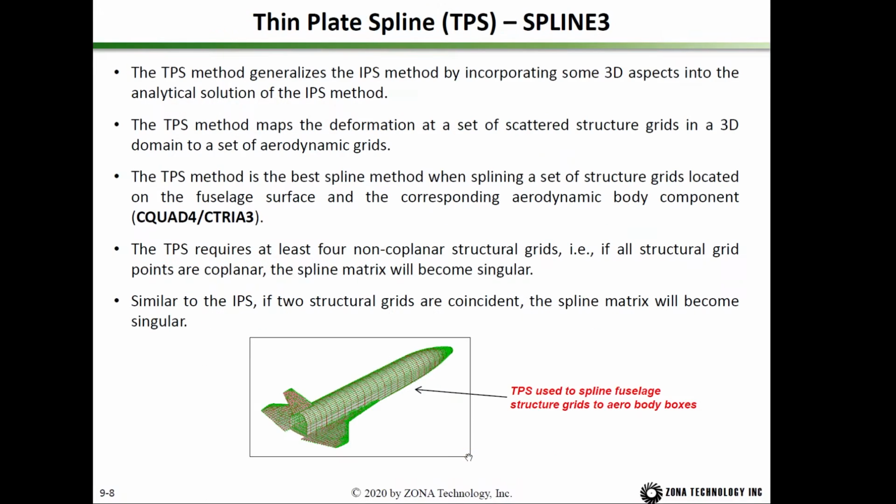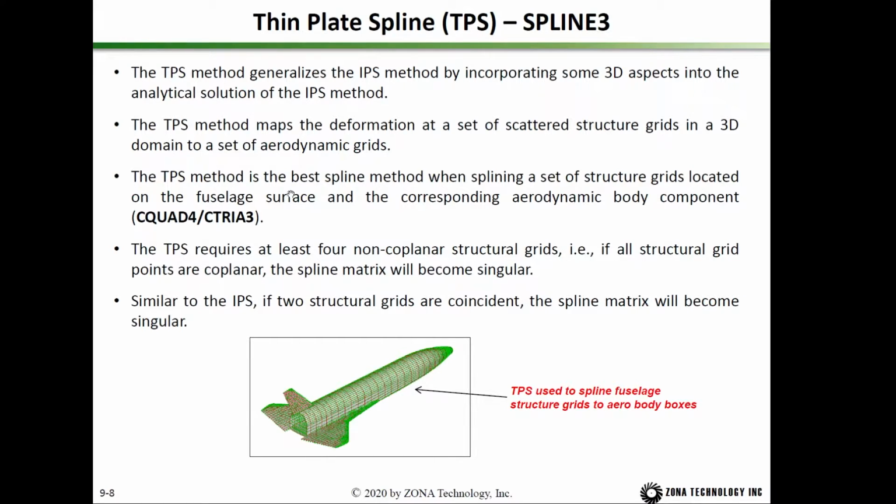Okay. And the thin plate spline generalizes the IPS method by incorporating some 3D capability into the analytical solution of the IPS. The TPS method maps the deformation at a set of scattered structural grid points in a 3D domain to a set of aerodynamic grids.